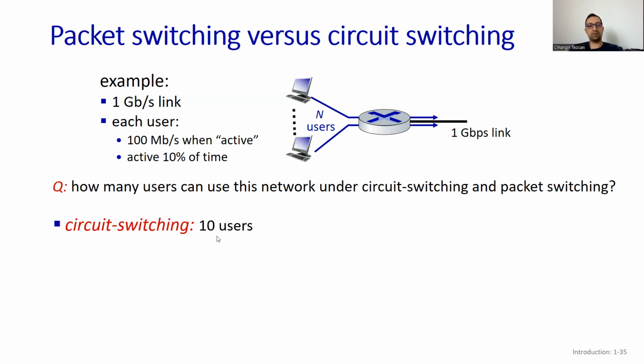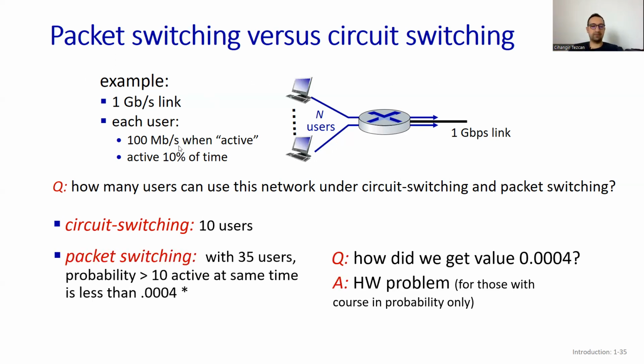As I mentioned, circuit switching in this example can support at most 10 users, because of the 1 gigabit per second link, and you want each user to have 100 megabits per second. This way you can allow only 10 users to use it. But packet switching allows more.